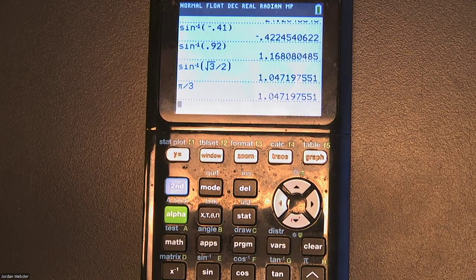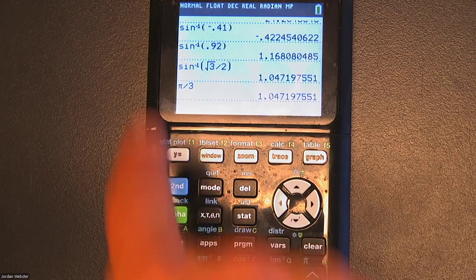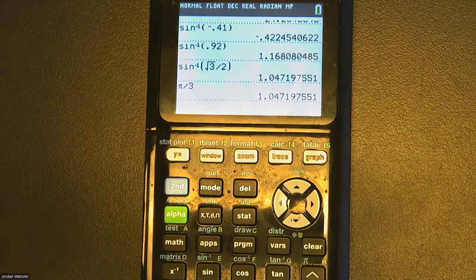Sometimes that's easy to recognize, sometimes that's hard to recognize. So if you wanted exact values, that's another way to do it. Just do inverse sine and see if that's like pi over 3 or pi over 6 or pi over 4 or whatever you want it to be. Everybody okay with that? So inverse sine, arc sine.